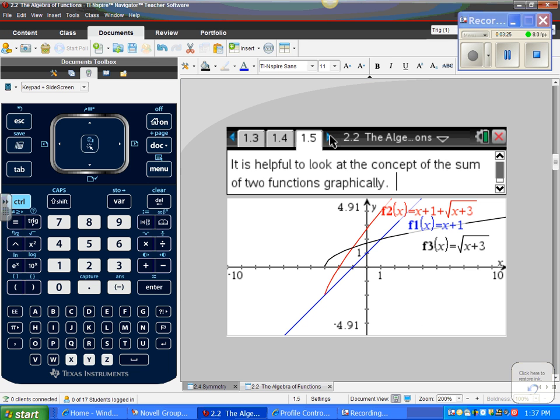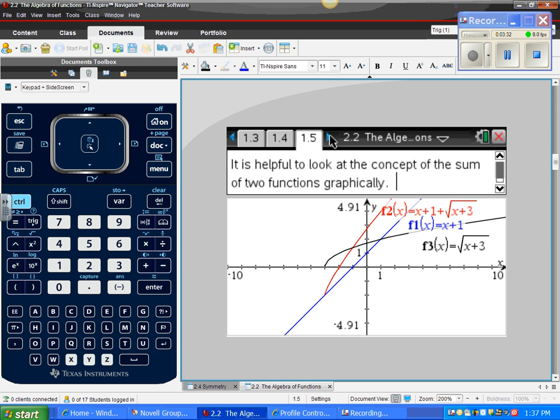Okay. So sometimes it's helpful to look at the concept of the sum of two functions graphically. So what I have here is in blue f of x and in black g of x, or square root of x plus 3. Now if I were to take those two and add them together, f plus g of x, I get x plus 1 plus the square root of x plus 3, and we get our red line.